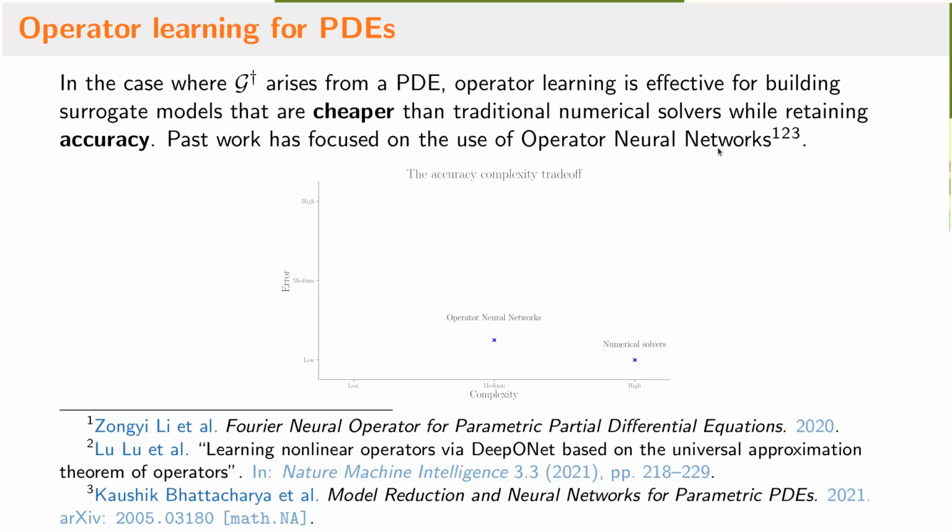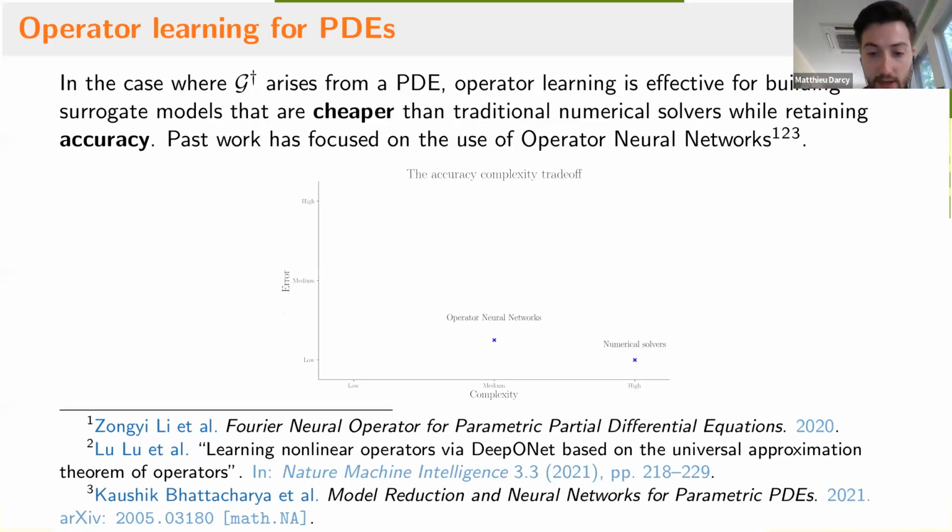As I was saying, numerical solvers are in this high complexity, but very, very low error domain. The goal of operator learning for these problems is to be in a much lower complexity area. So they're much faster than traditional numerical solvers, while maintaining a low error. In practice, they don't achieve the errors that numerical solvers can, but they can be pretty close.